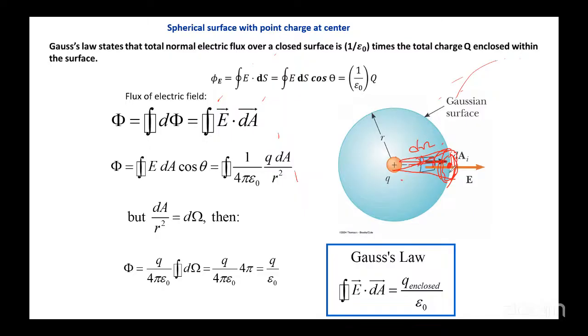Let us imagine P is there, occupied by the area dA, at distance small r. dA by R square is d omega, the solid angle. Integral d omega is nothing but 4 pi. The 4 pi cancels, and what remains is Q by epsilon.